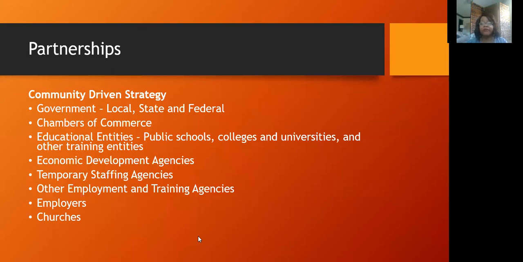So oftentimes chambers of commerce may have some funding as well to either enhance what you're doing or to partner with you in some kind of way to address shortages of skilled workers in specific areas. So chambers of commerce, extremely important.